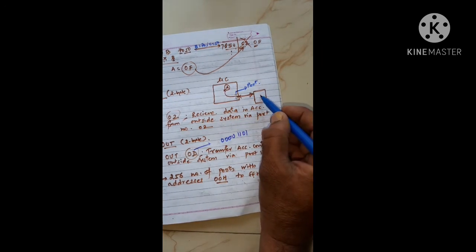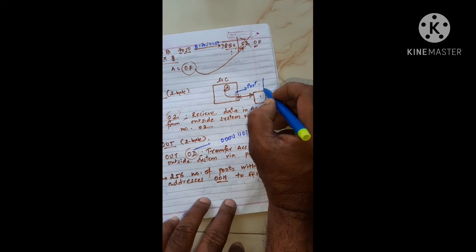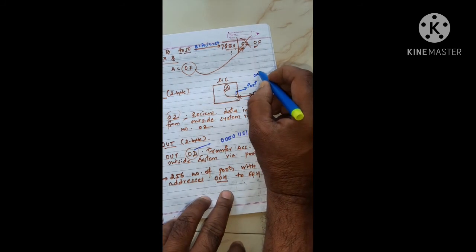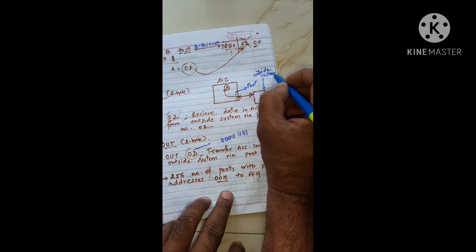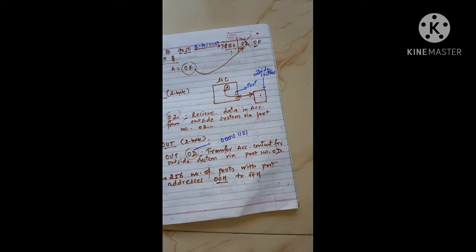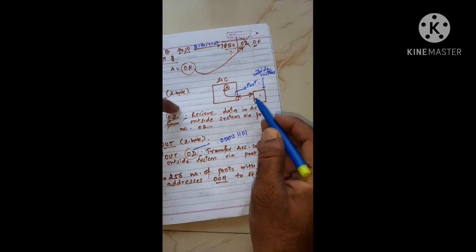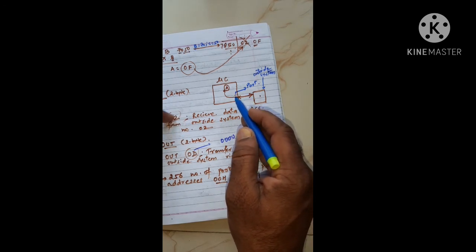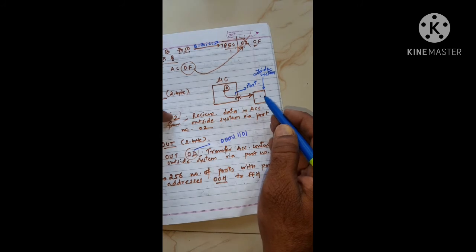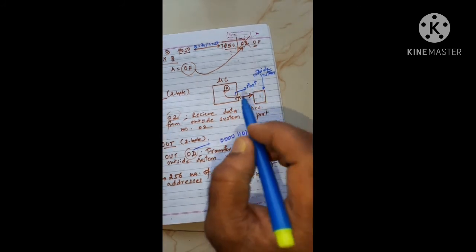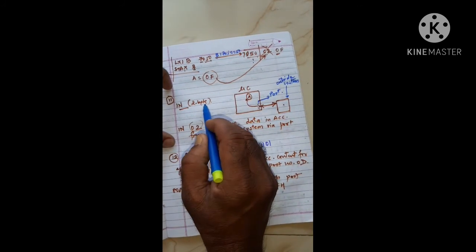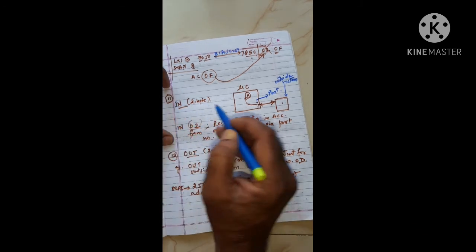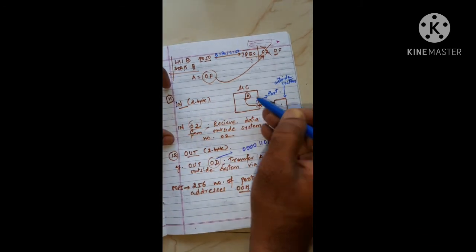And this is another digital system, an outside system, which is interfaced with the microcomputer system with the help of ports. So IN is a 2-byte instruction. IN is to take data in from the outside system into the accumulator.